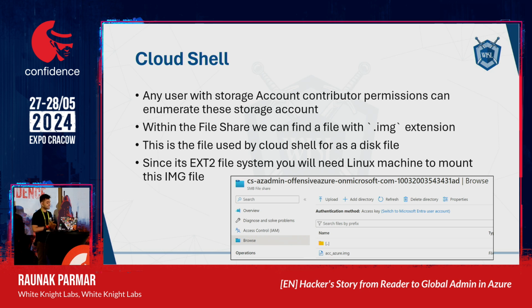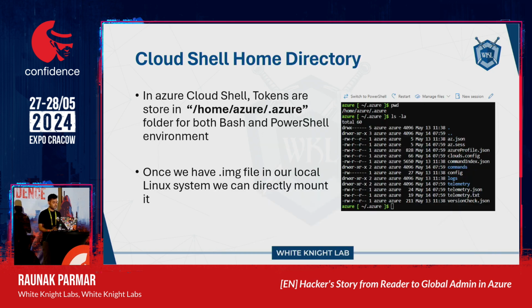Because it's an ext2 file system, we need a Linux OS to mount this in our local system. If we take a quick glance within the Cloud Shell, we'll see there's a .azure folder automatically created whenever someone opens a Cloud Shell.